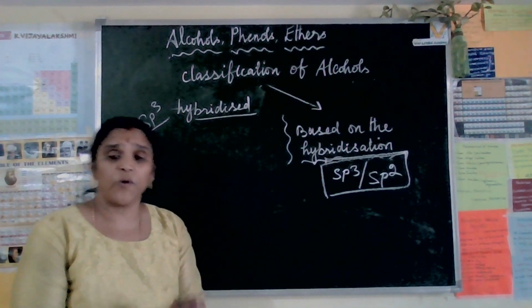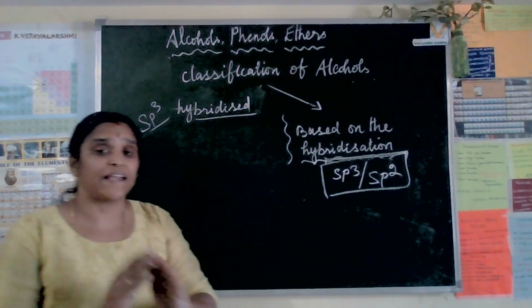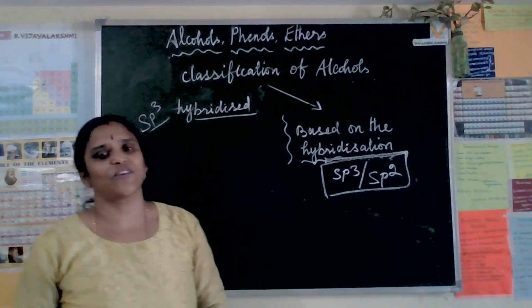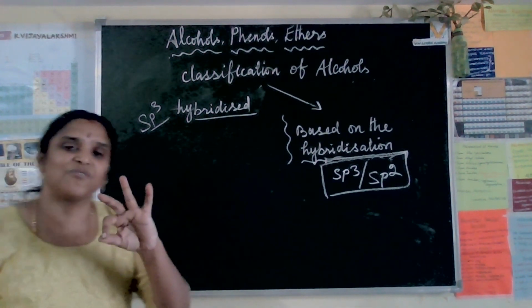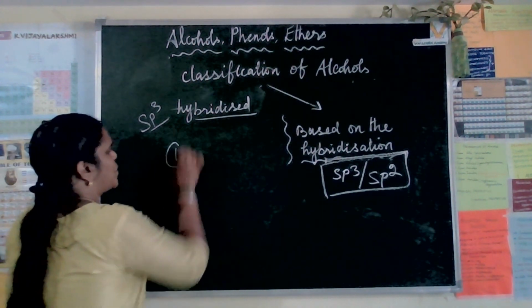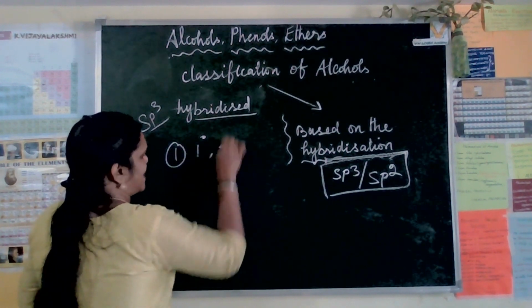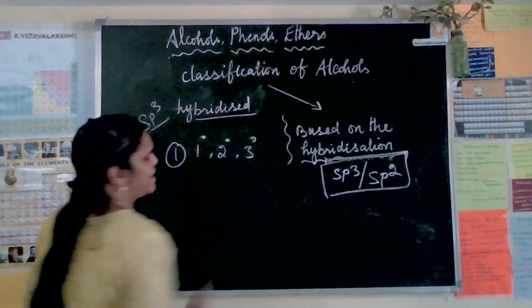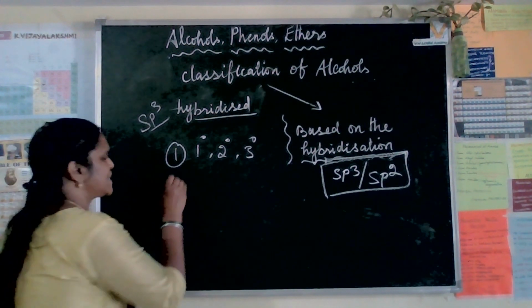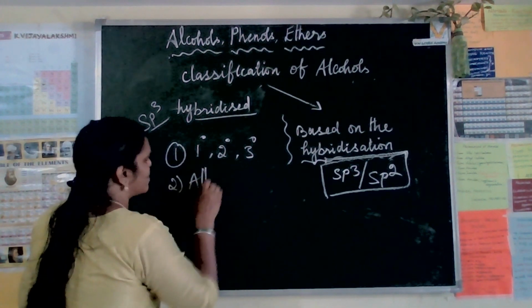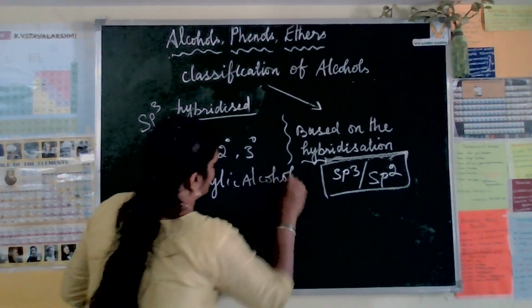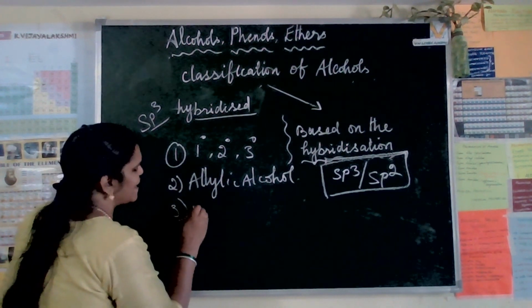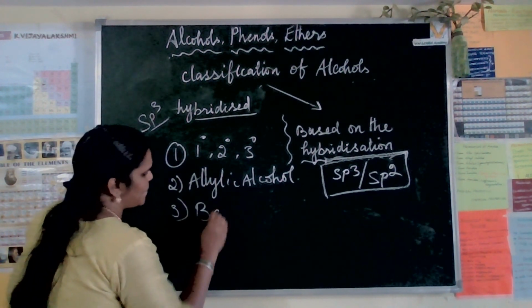Now, a compound containing an OH group attached to a saturated carbon is called sp3 hybridized. There are three groups. The first group is primary, secondary and tertiary alcohol. The second one is allylic alcohol. Then the third one is benzylic alcohol, aromatic.